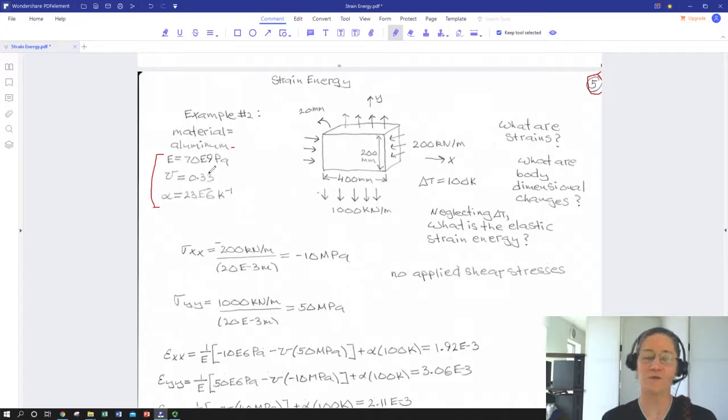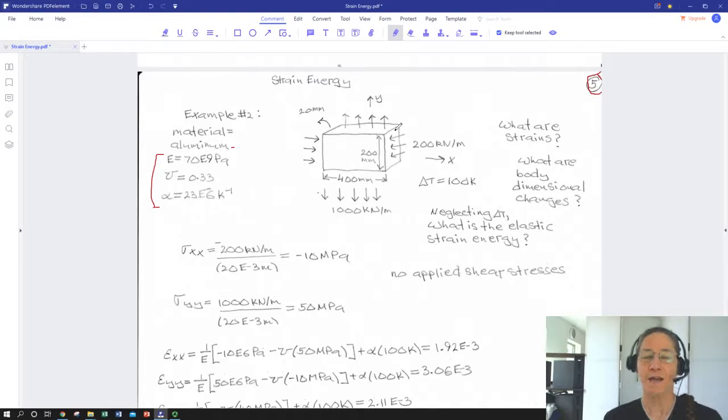It's got a Poisson's ratio of 1/3, give or take, 0.33, and we're going to be looking at some temperature changes. So we've got our alpha, our coefficient of thermal expansion, of 23 times 10 to the minus 6 per degree K. So we'll end up getting a strain once we multiply that by whatever our temperature change is.